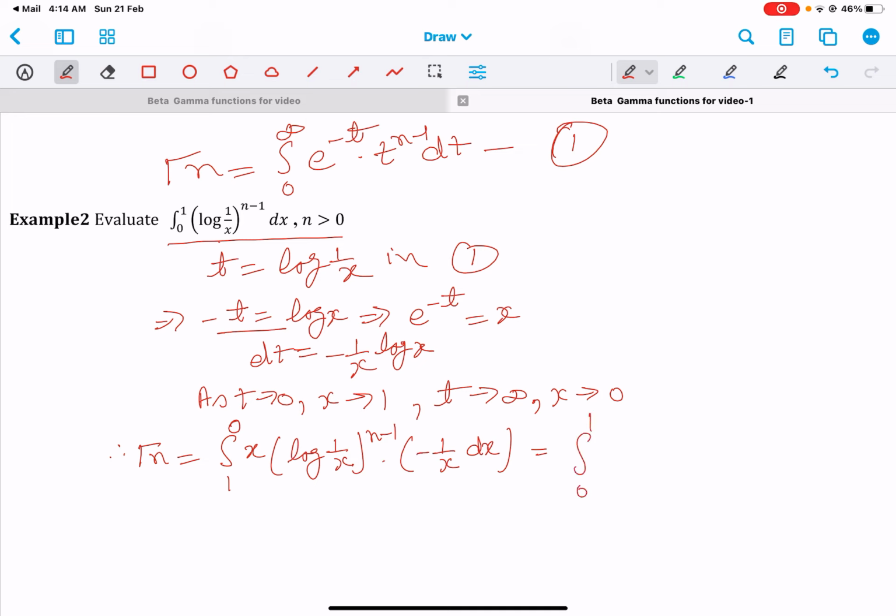This minus I have adjusted in the limits, I have interchanged the limits, so it is log 1 by x to the power n minus 1 dx. This x cancels with this. So this expression is nothing but gamma n only, using this result.